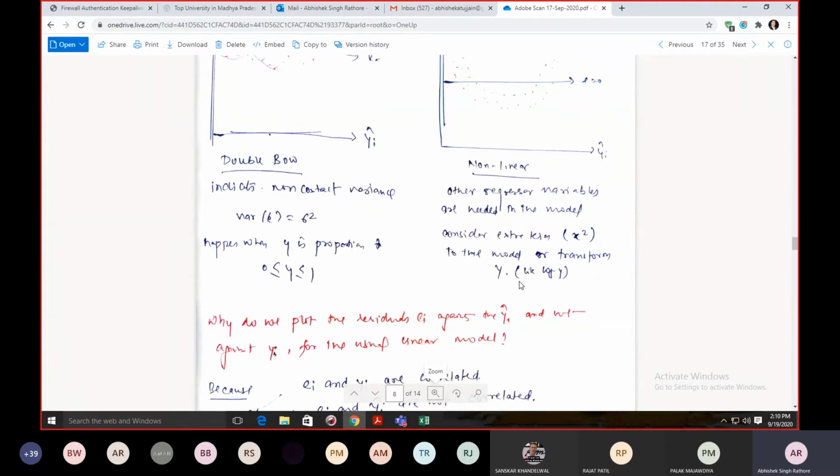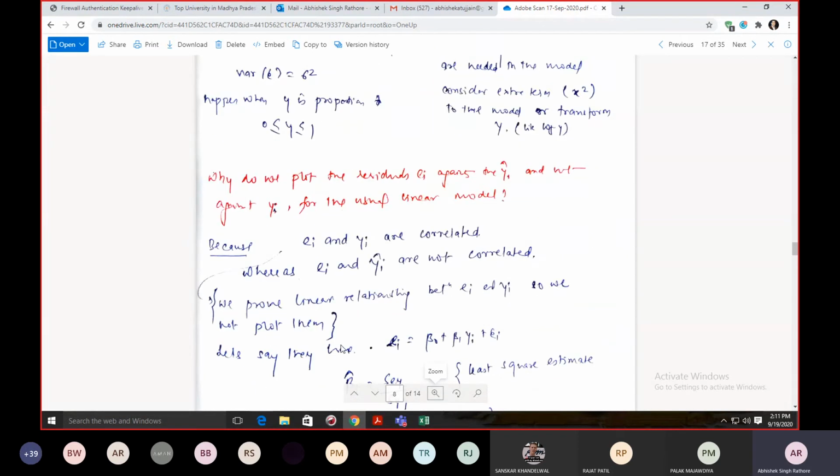Again we are having a question: why do we not plot these residuals ei against yi, and instead plot against y hat? Because we are plotting on the estimated y instead of the original y for the usual model.